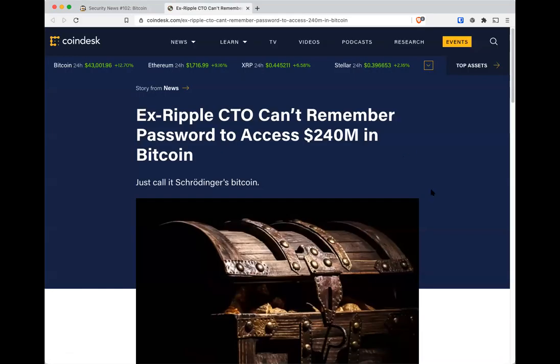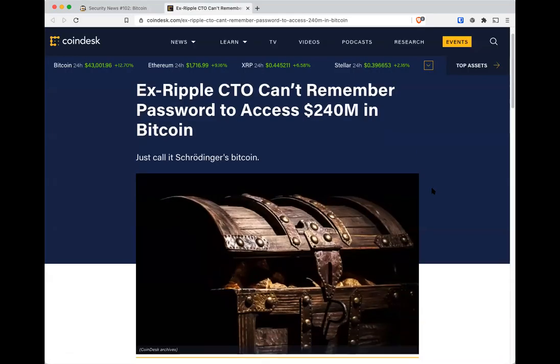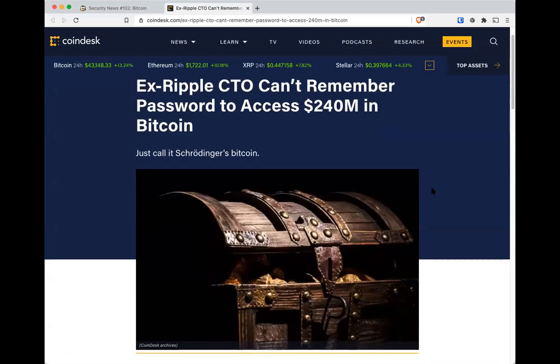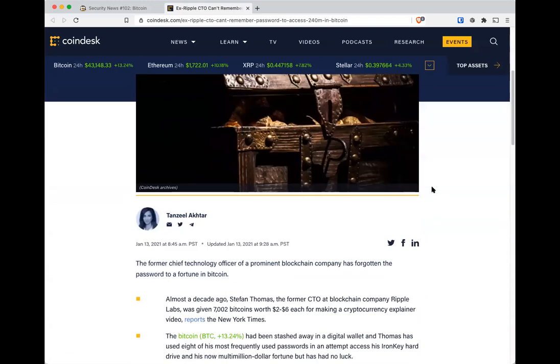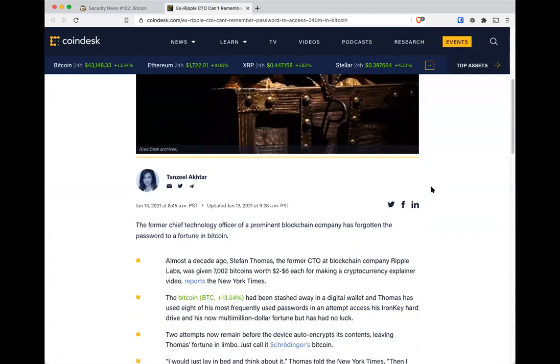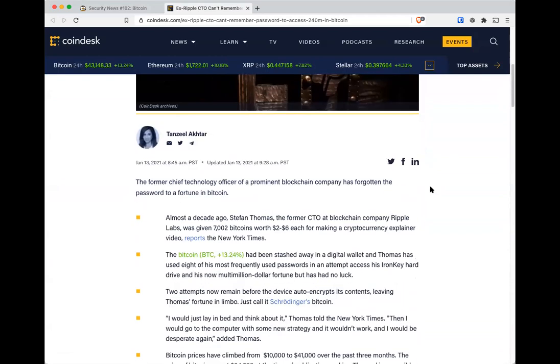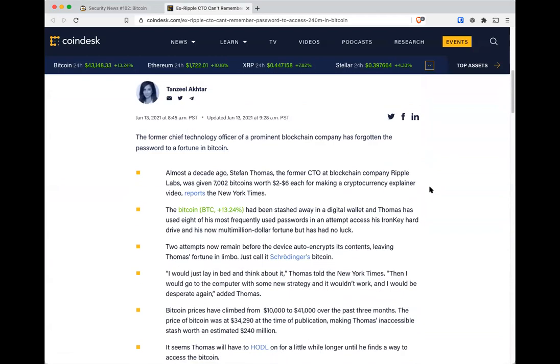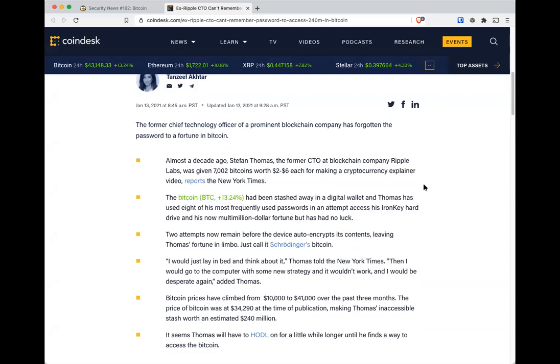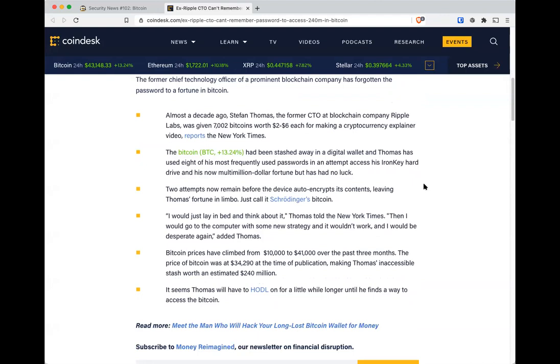So we got another cryptocurrency access story here. Yep. This seems like something that I would do. He's a former CTO of Ripple, who got a ton of Bitcoins like a decade ago for teaching people about cryptocurrency, and then promptly lost or forgot the password.